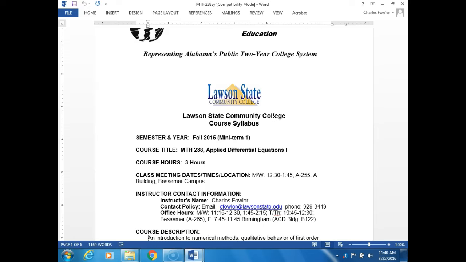Tuesday, Thursday, now this has changed completely, will now be 12:30 to 5:15 for the first mini term, and for the second mini term, it will be 12:30 until 3:15.